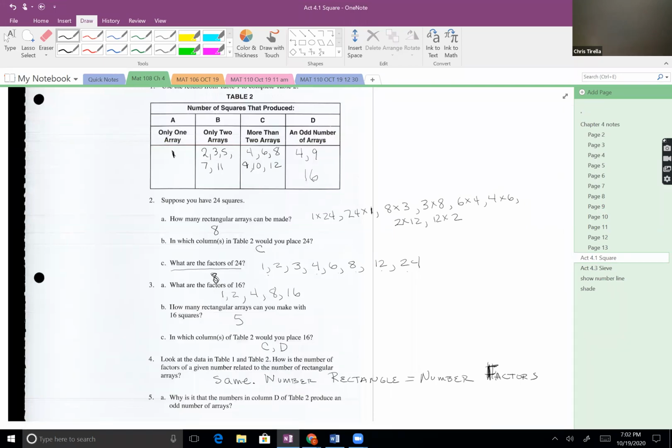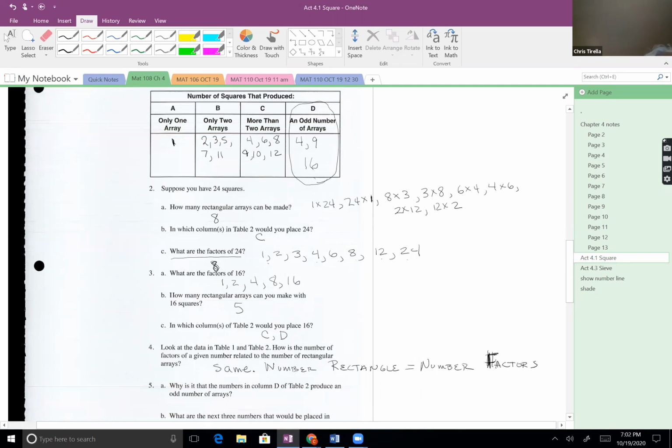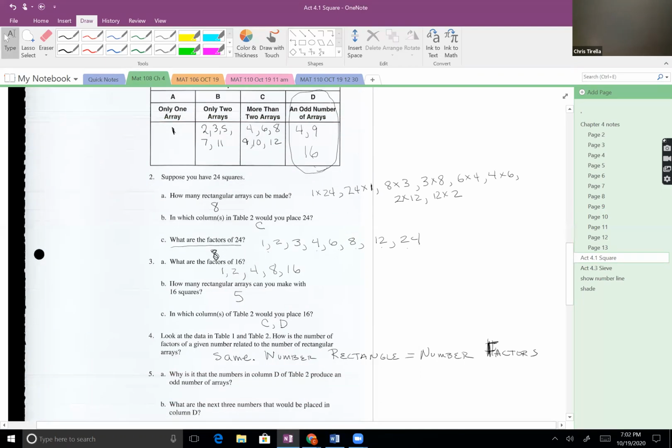What does the number 4, the number 9, and the number 16 all have in common?